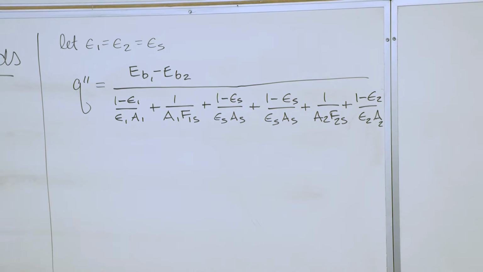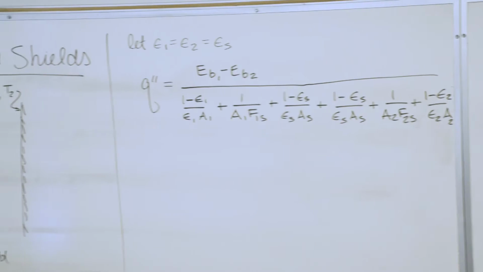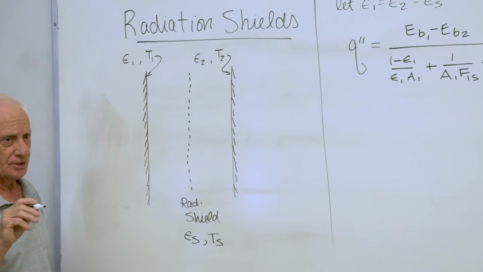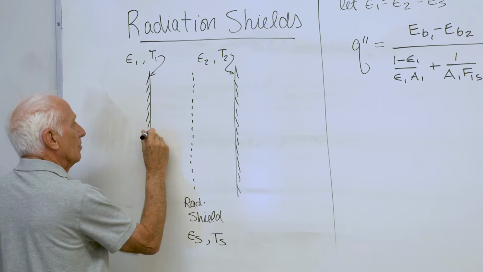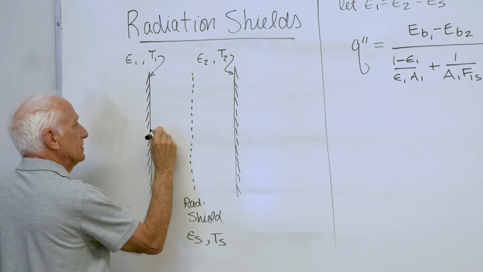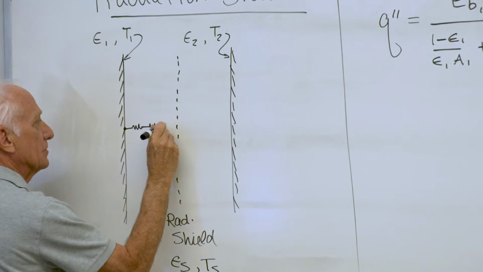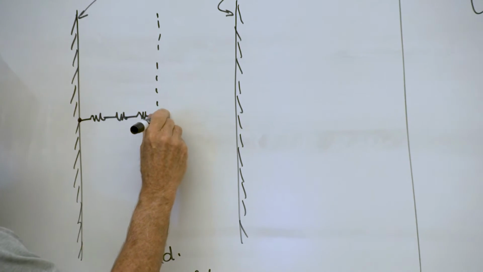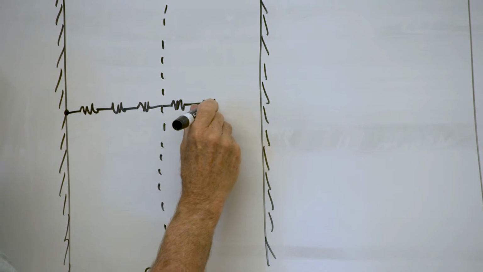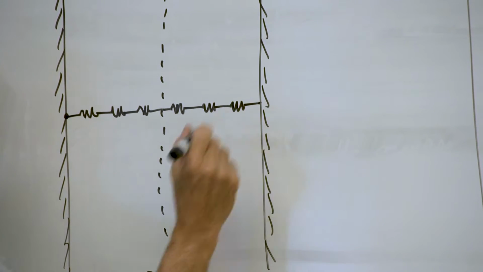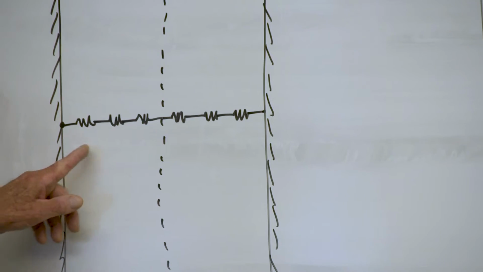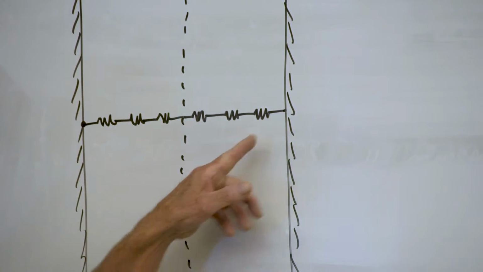They say, yeah, but there's only 1 surface. Why are you putting 2 surface resistances? Well, watch the flow of heat from hot to cold. Surface resistance, space resistance, surface resistance, surface resistance, space resistance, surface resistance to T2. There they are, 1, 2, 3, 4, 5, 6.